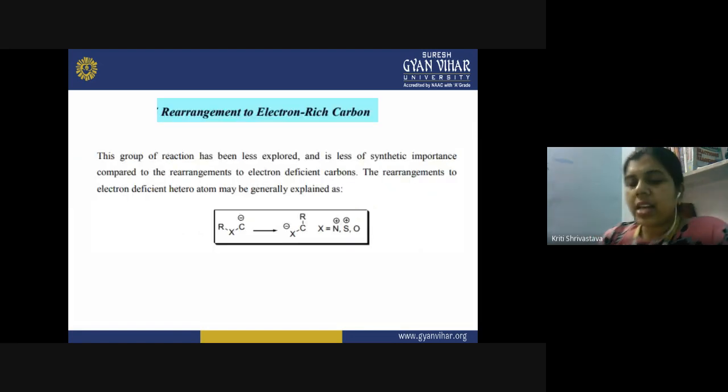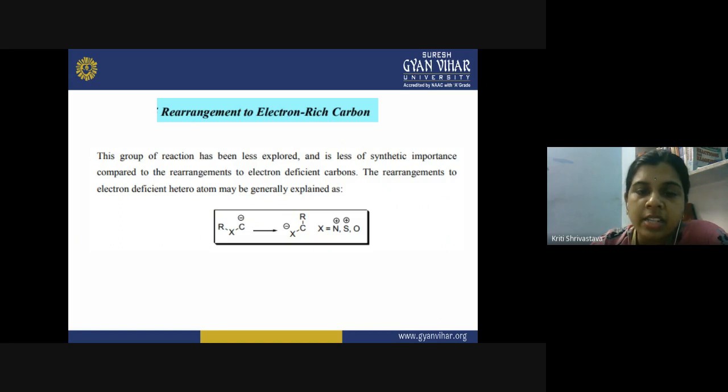Then we have rearrangement reactions to the electron rich carbon. For electron deficient carbons, we have seen so many rearrangement reactions, but now we will see the electron rich carbon. This group of reactions has been less explored and is of less synthetic importance compared to rearrangement to the electron deficient carbon.